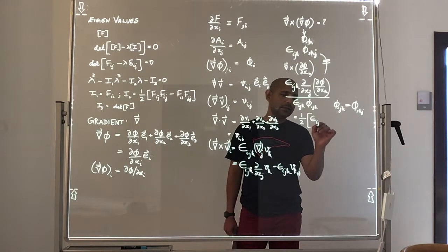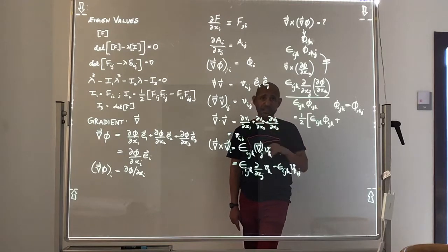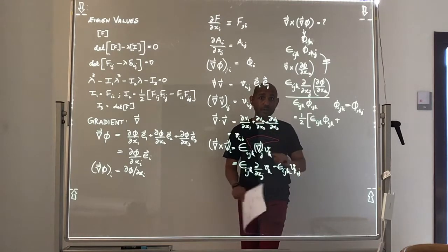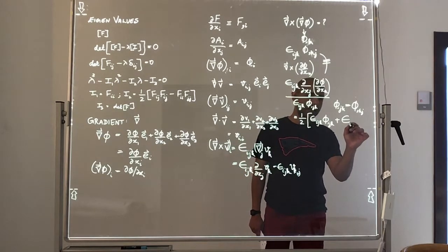So I will write this as epsilon ijk, phi comma jk, plus, excuse me, they are dummy indices, so I can swap them. It doesn't change anything. So epsilon ikj, phi comma kj.